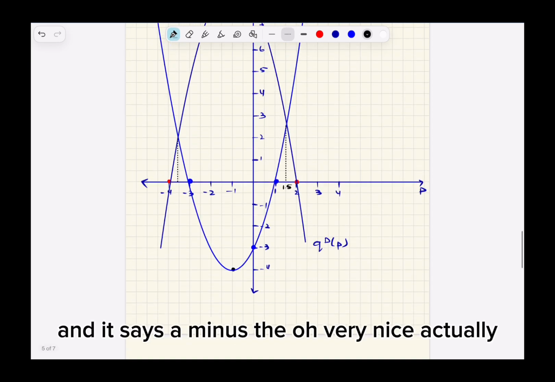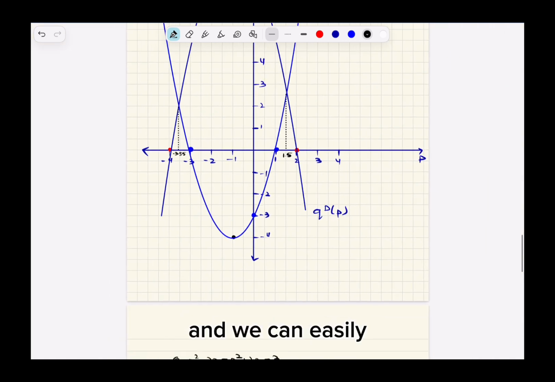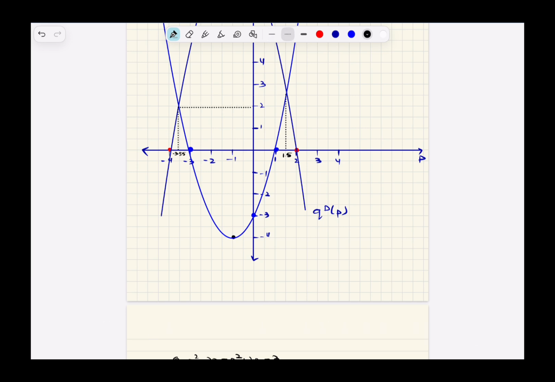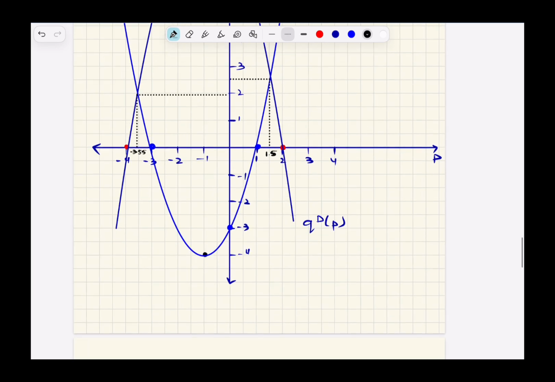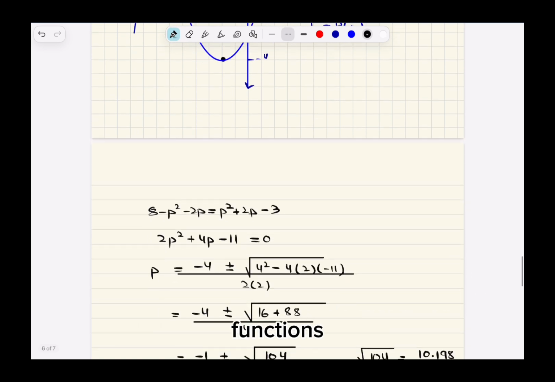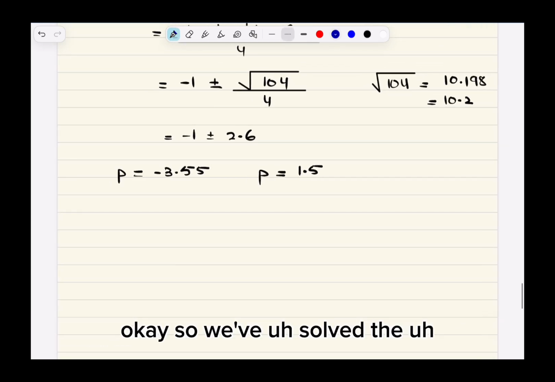Oh, very nice actually, the diagram is pretty accurate. And we can easily find the corresponding values of quantity by putting it in any of these, either the demand or the supply functions.